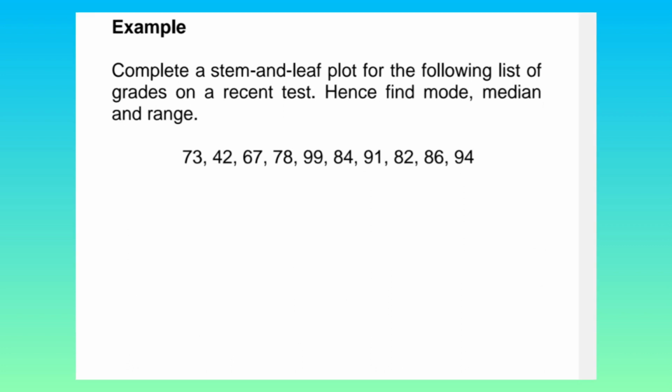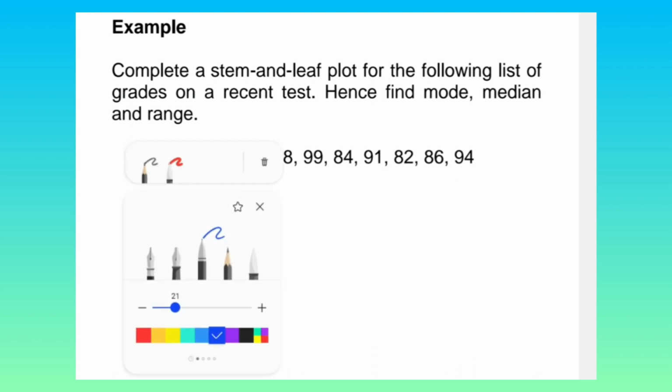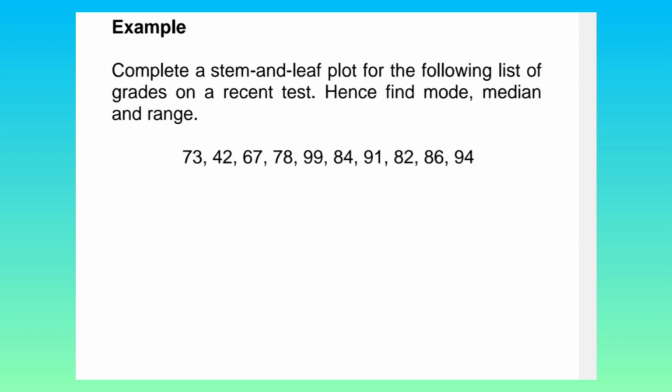Okay, let's try the second example. Complete a stem and leaf plot for the following list of grades on a recent test. Hence, find mode, median, and range. This is the given series of numbers. Firstly, we need to arrange them in ascending order.